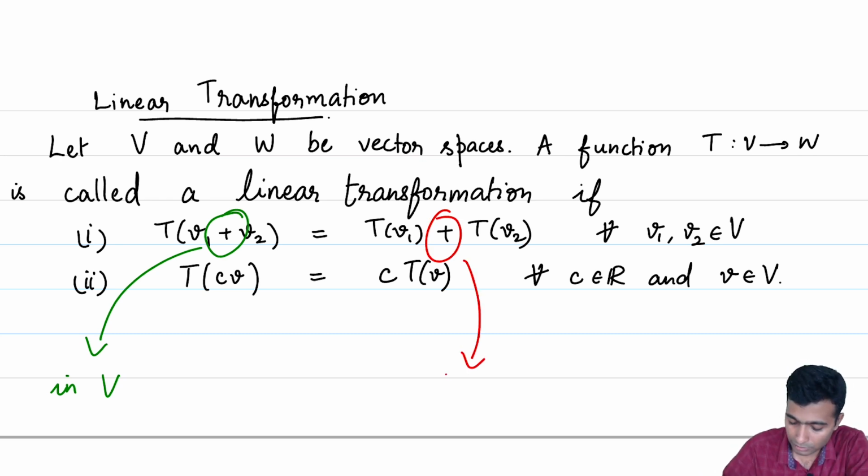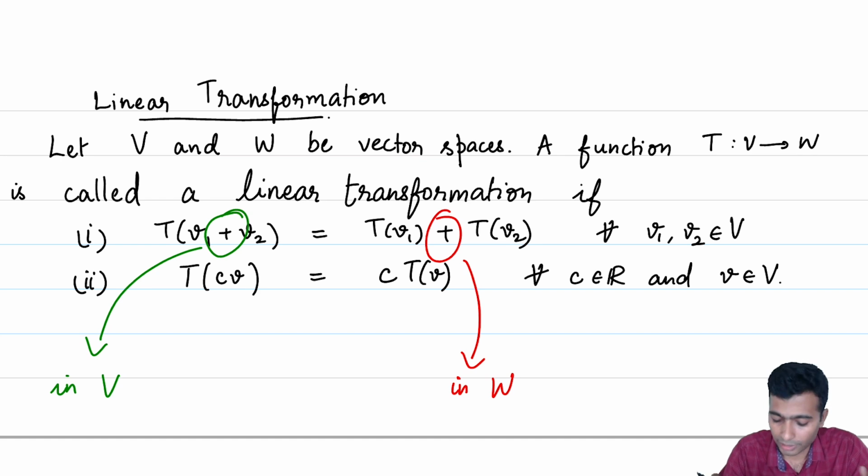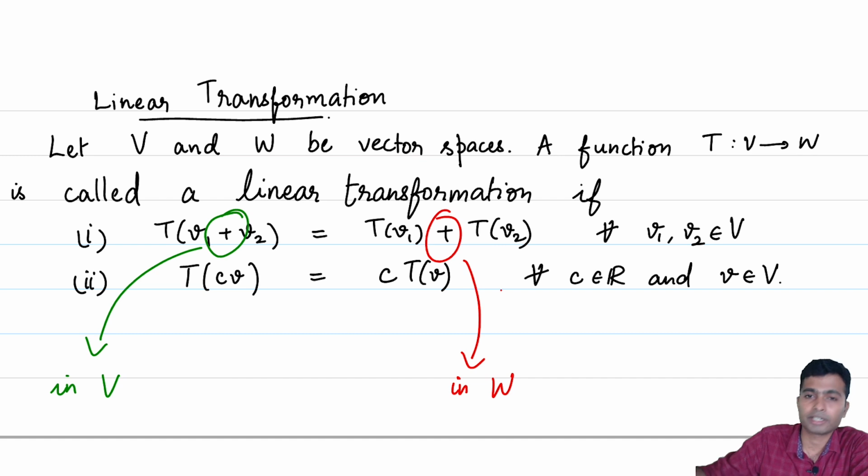However, remember that this is a vector addition in W. Even though I am using the same notation, I am not specifying where it is, but the context makes it clear. So it's your job to slowly start identifying which operation is happening. As you can see, this red one is a vector addition which is happening in W. Why? Because T of V1 and T of V2 are vectors in W. So the vector addition has to be in the vector space W, isn't it?